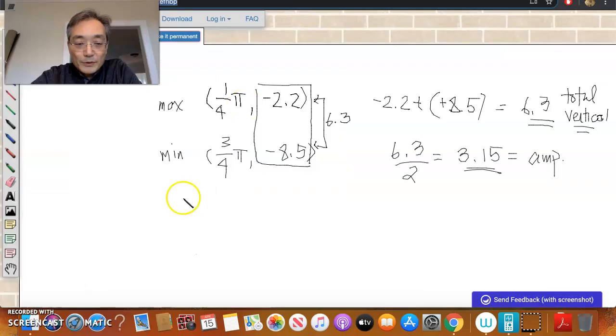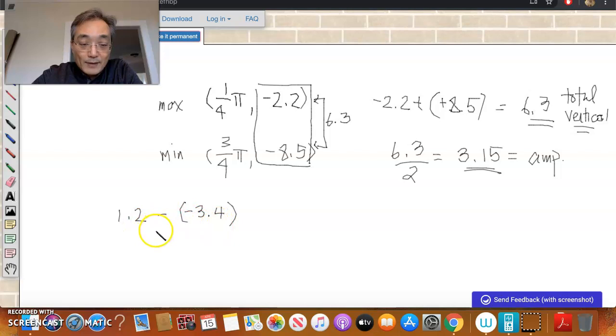You subtract negative 3.4 to get the distance, and this is going to be plus plus because it's keep, change, change.